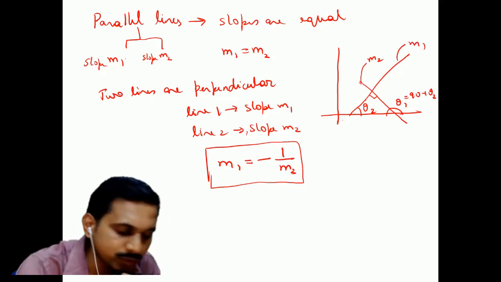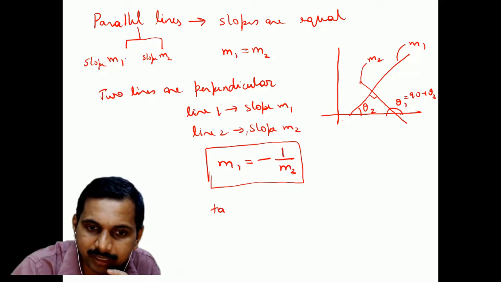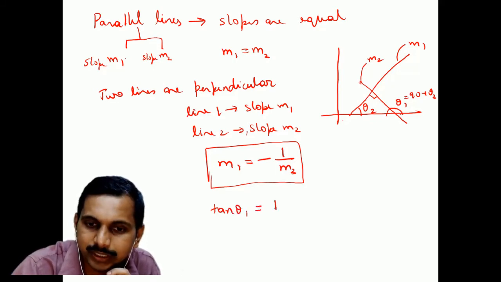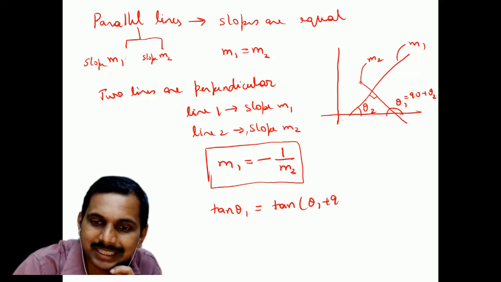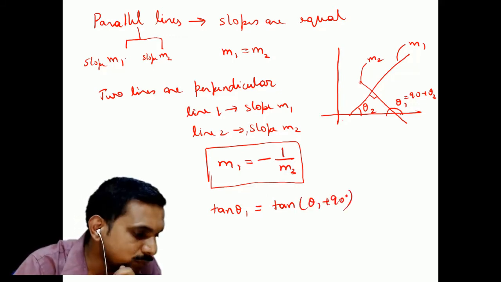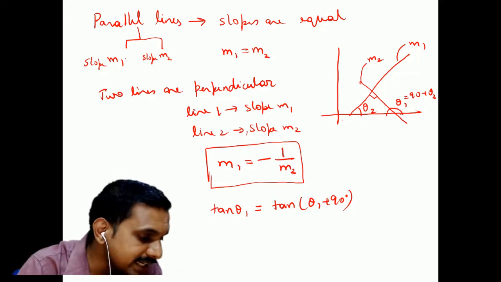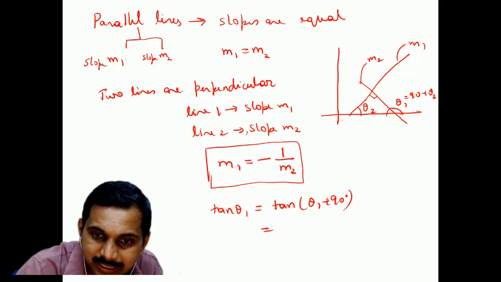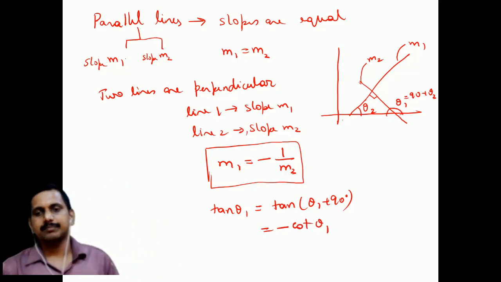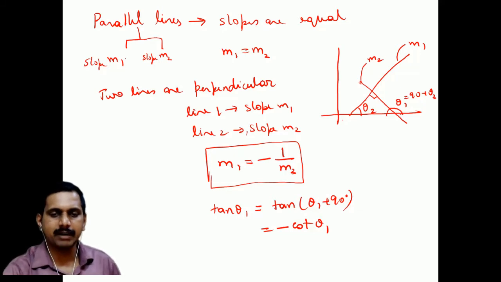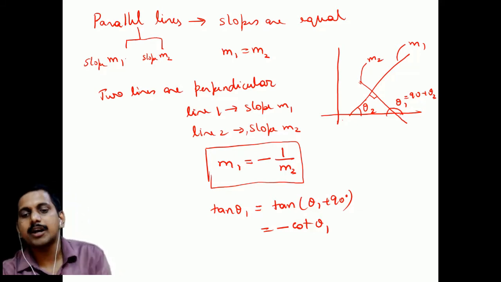So now if I do this, tan theta 1 is equal to tan of theta 2 plus 90 degree, correct? And what is tan of theta plus 90 degree?